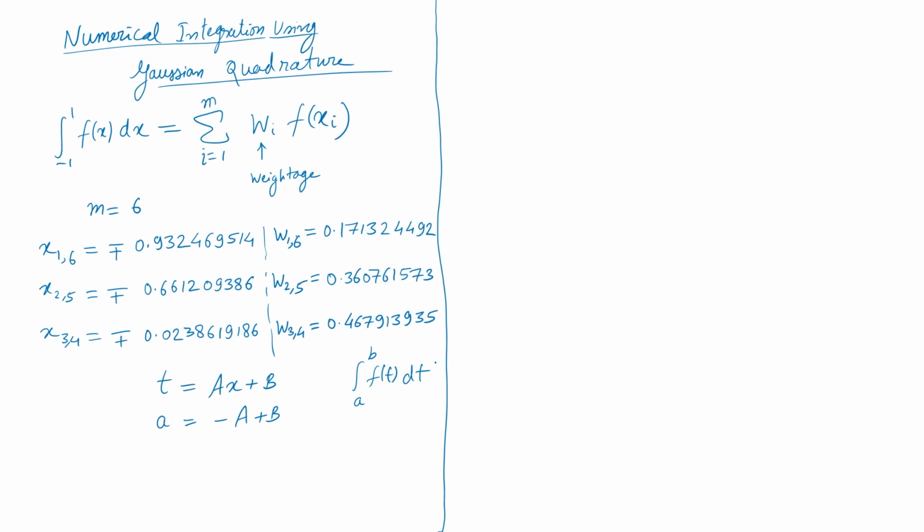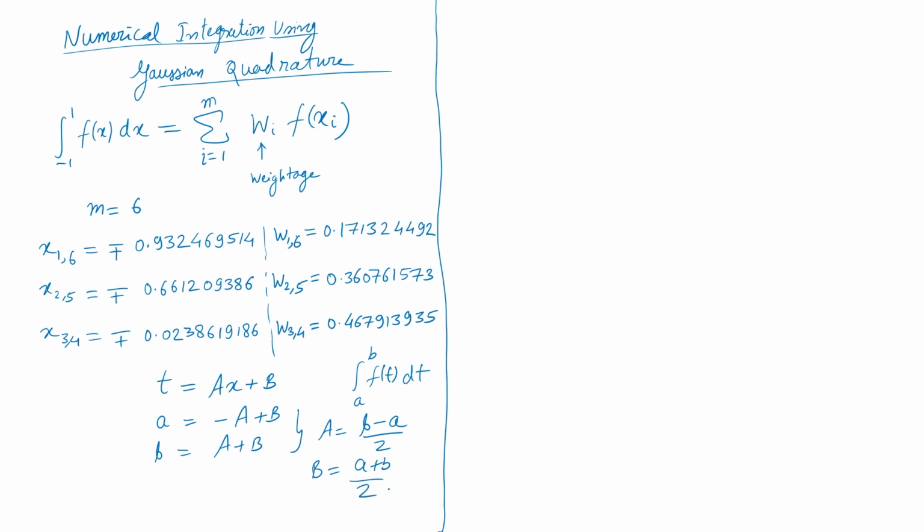It allows me to set any arbitrary a and b without changing anything else. If I put x equal to -1, it becomes minus A plus B equals a, and if I put +1 it becomes A plus B equals b. You solve these two, I get capital A equals (b minus a) by 2 and capital B equals (a plus b) by 2.